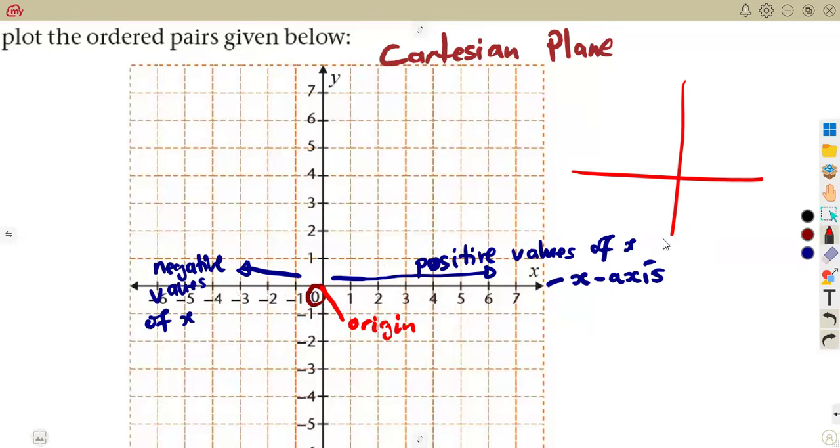For the y values, y is also 0 there at the origin. So it's given a special point called (0, 0). We're going to talk about the points later on, but let's consider that origin as our reference point, which tells us what is going to happen to y and what is going to happen to x.